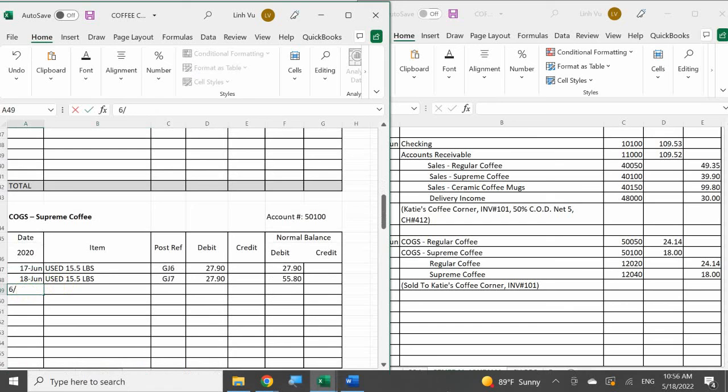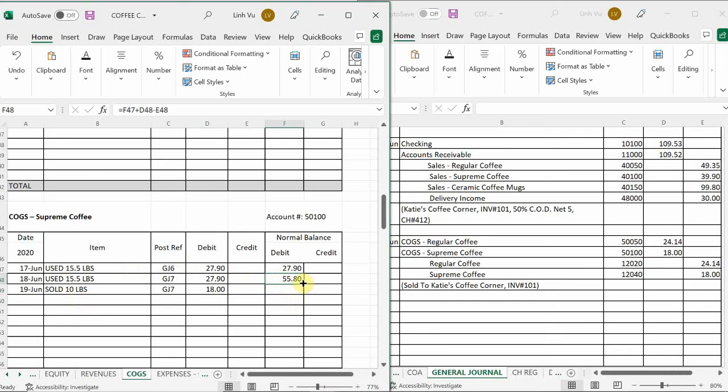Here we end up selling 10 pounds at $18. So what's my ending balance here? 73.80. There you go.